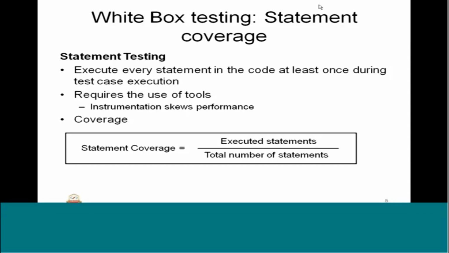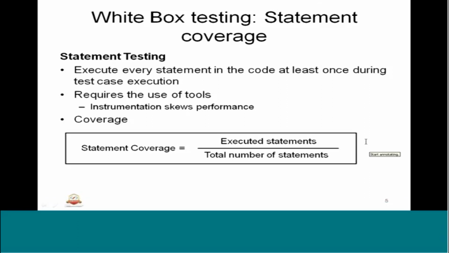Suppose with the help of this statement testing, we want to arrive at the coverage. Suppose we have executed 89 lines out of the total number of statements that are there. Here statements are nothing but the executable lines of code. This excludes all the comments and everything. So in C, every semicolon is an executable line of code, also called EOC.